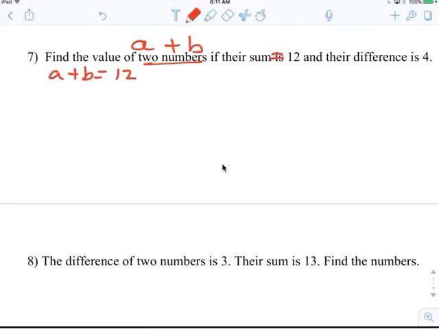And their difference is 4. Oh, A minus B is 4. Like that. And use elimination. Oh, that's easy. Look. A represents the value of the first number.